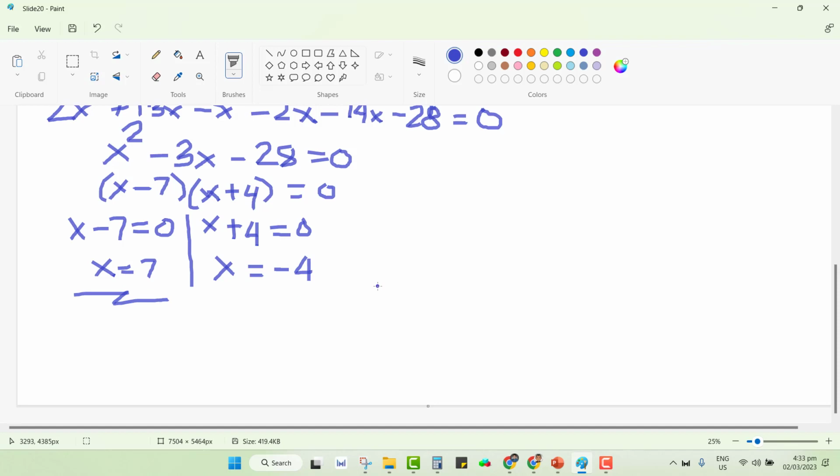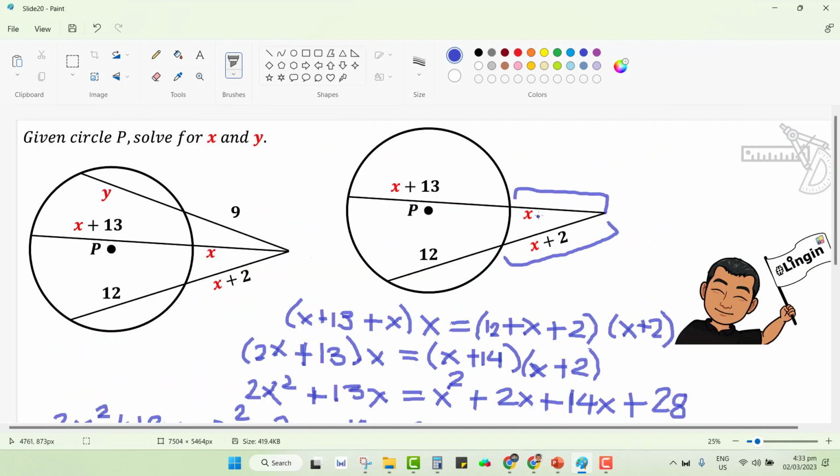So x is 7. So this is actually 7, this should be 9, and this is 20. You can also check using mathematical computation. We have here the entire second segment is 27, times the exterior, 7.